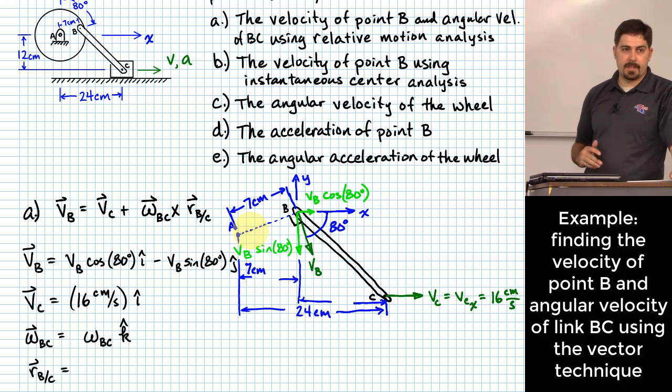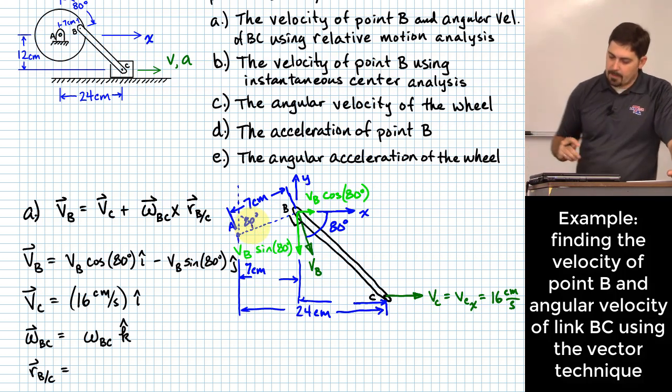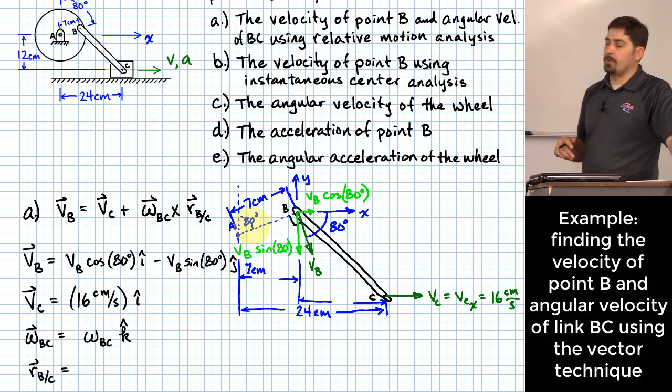Cosine or sine? Let me ask that. I want to make sure I don't screw this up, because I may have misspoken. Okay, let's think about that. So this is 80 degrees. Am I trying to find the adjacent component or the opposite component relative to where that angle is being measured?